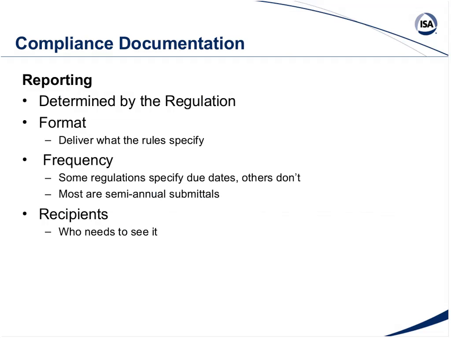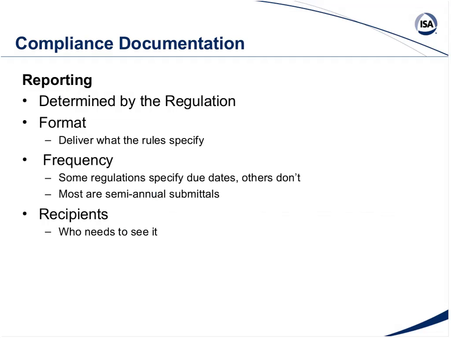Your reporting is going to be determined by the regulation, and it can be determined by your permit. It can be determined by what you're supposed to maintain. So all of those pieces need to be accounted for. Your format is now moving towards electronic format, so you're going to have to watch how that's being done by the various agencies that are getting this data.